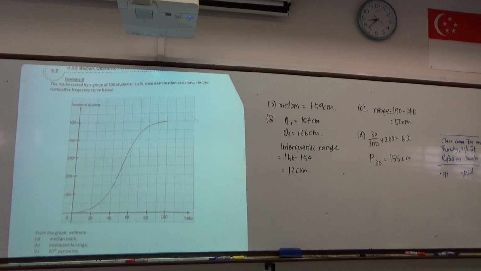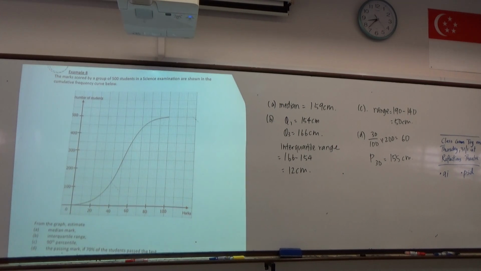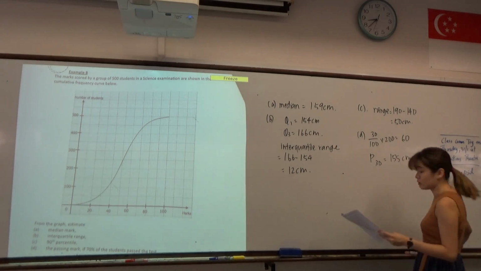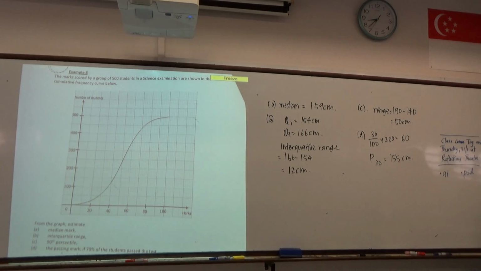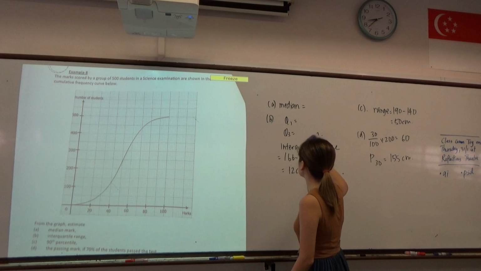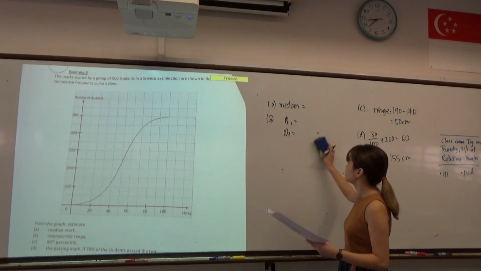Next, Example 8. The marks scored by a group of 500 students are shown in the cumulative frequency curve below. We want to estimate the median mark. So what would the median mark actually be? 300. It will be 300.